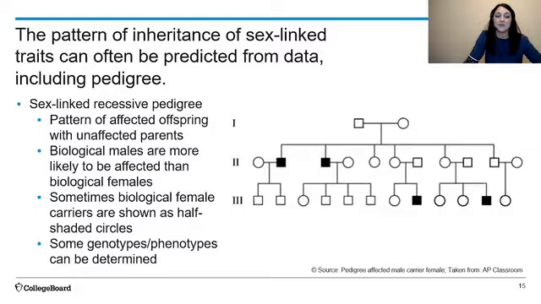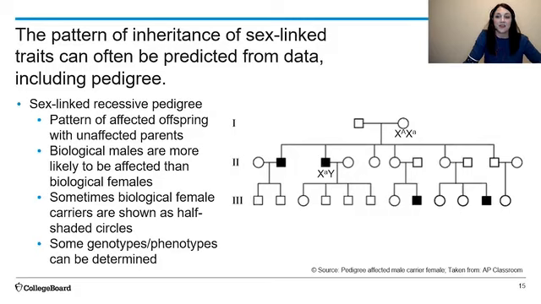And some genotypes or phenotypes can be determined looking at the pattern of this pedigree. So I can identify that this biological male right here has a genotype of X with a recessive a and Y because he is a shaded in square, and so that means he is affected with the recessive trait.